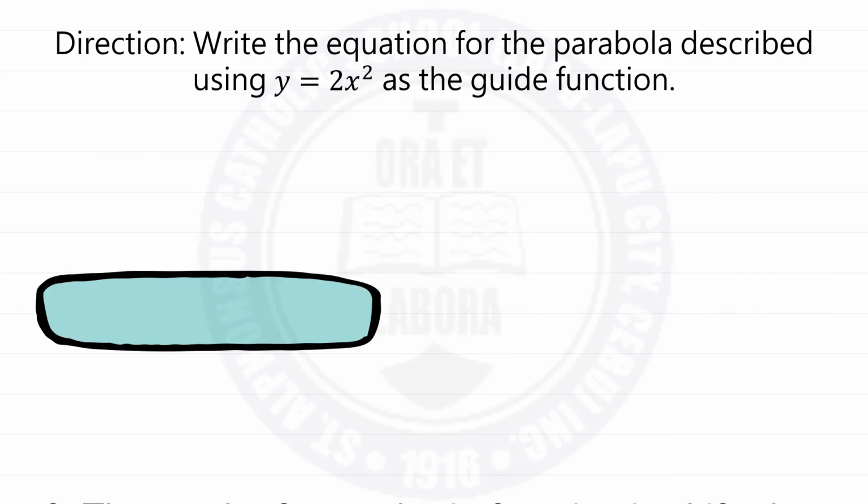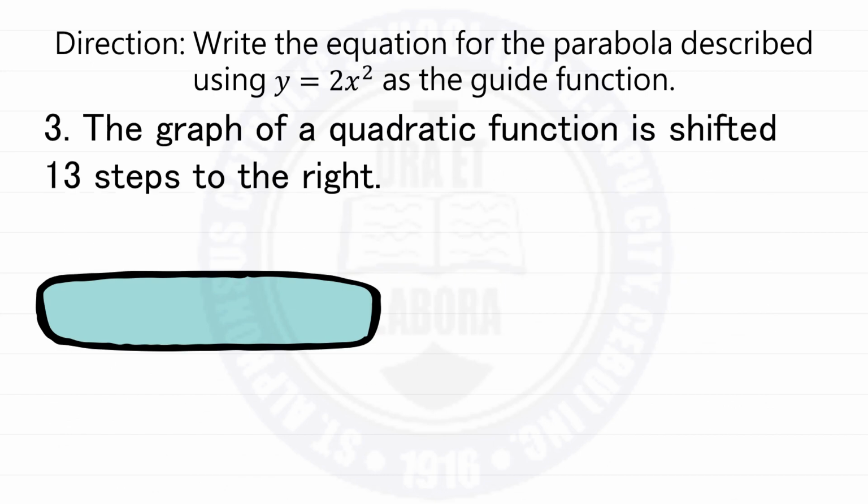Number 3. The graph of a quadratic function is shifted 13 steps to the right. The equation of the parabola will be y equals 2 times quantity x minus 13 squared.